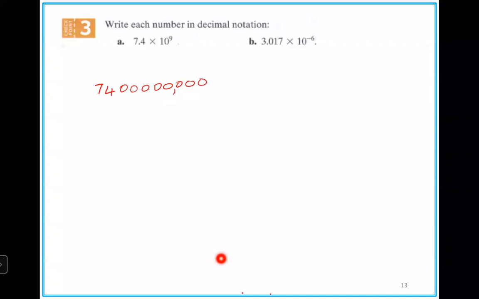Put a comma there, comma there. So the point was here. You go 1, 2, 3, 4, 5, 6, 7, 8, 9. Okay. So it's 7,400,000,000. Okay. Thank you.